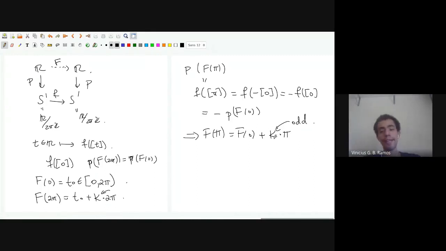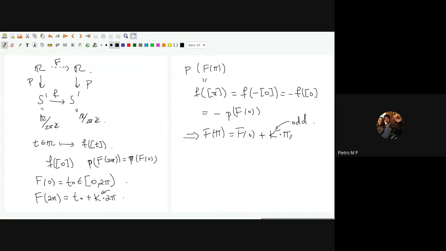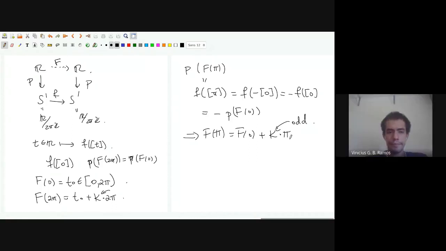So this k has to be the same k as this. Okay, it makes sense. But you conclude that it's odd when you look at this equation. Thank you. You're welcome. Here you're just using the fact that the circle is closed. After 2 pi, you'll get back to the same point.